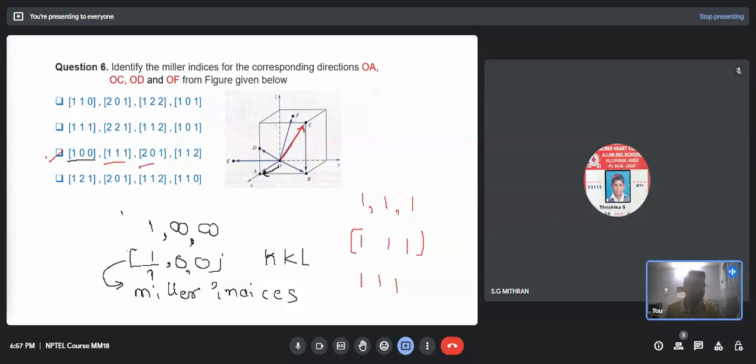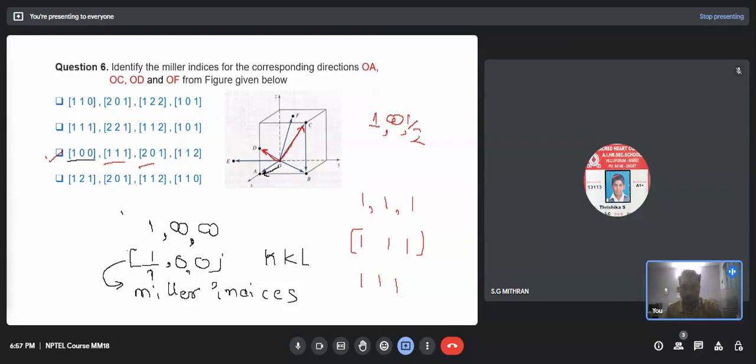So first, OD. The OD direction is this one. Where is it intersecting? At the x-axis, it is intersecting at 1. In the y-axis, it is not intersecting, so infinite. In the z-axis it is intersecting at 1.5.